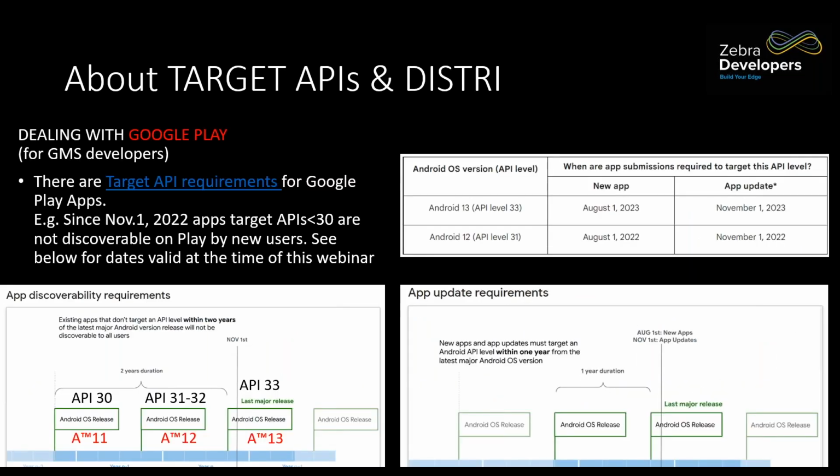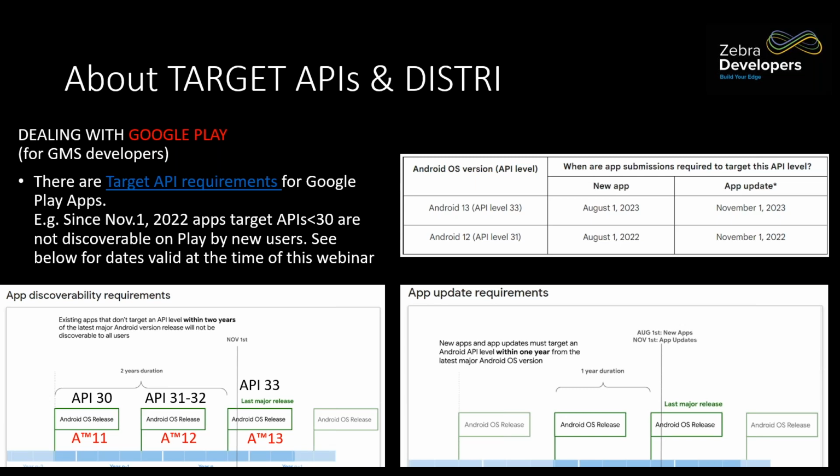Moving on to app distribution and dealing with the target APIs. Here Google Play comes in, and the very important thing is that if you're planning to distribute your application through the Play Store, you really need to apply the rules for complying with the target API level.